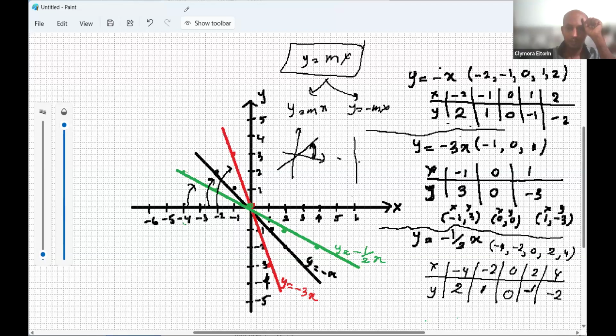But y equals minus mx type makes an acute angle from the negative side of the x-axis. Is it clear? That's the basic thing. Some students say it makes an obtuse angle from the positive side, which is also correct. You can identify several features there. Did you get it?